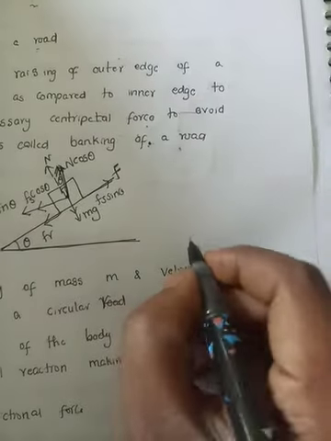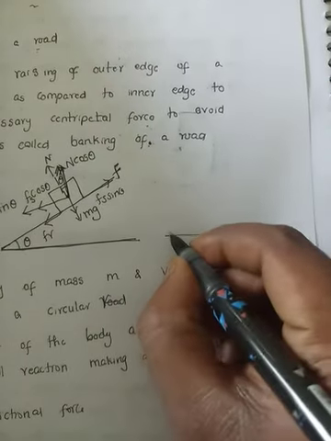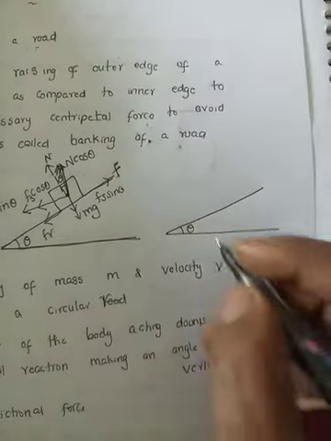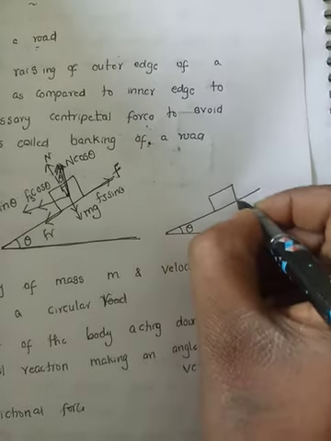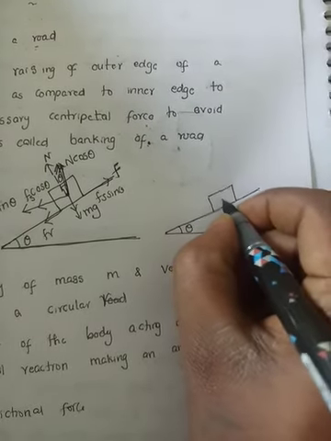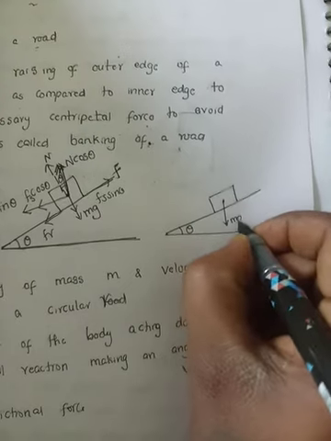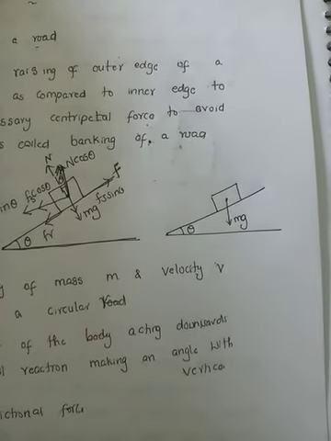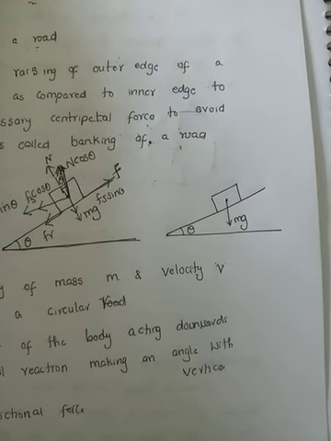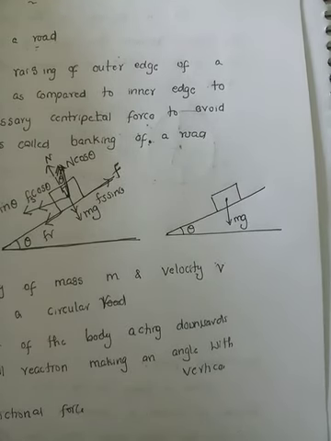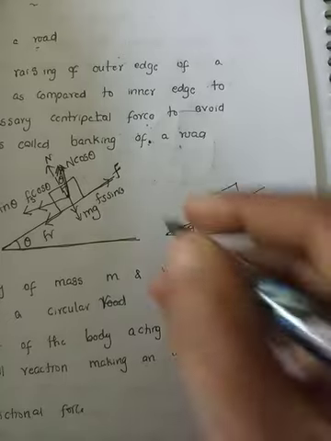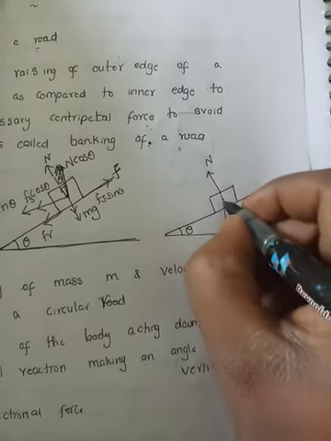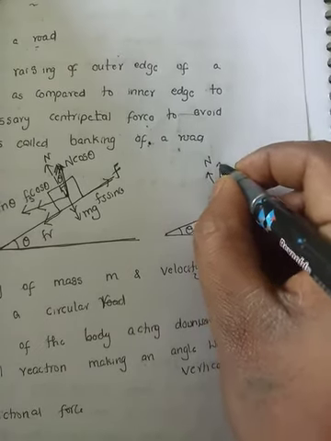See, I will draw again here. A car is moving on a curved road. Its weight exactly acts downwards, that is mg. Now, if you draw a vertical, that is the normal reaction, making an angle with respect to the vertical.